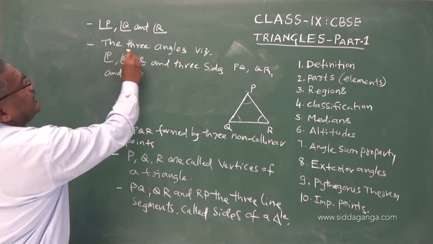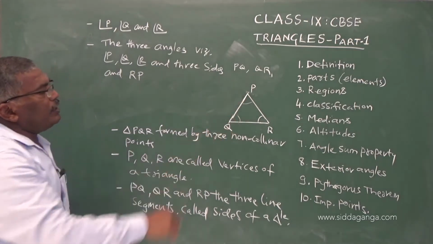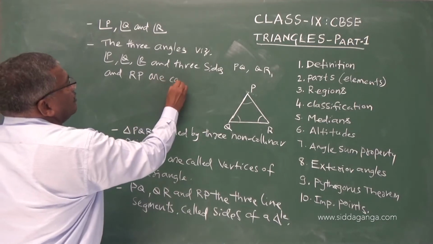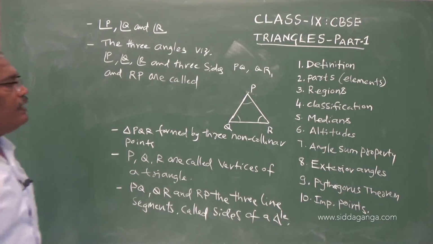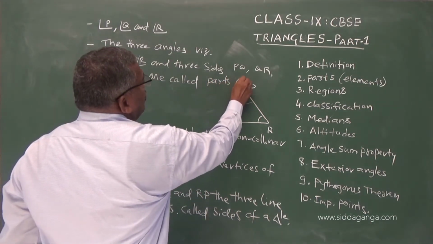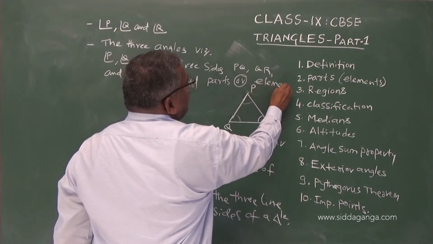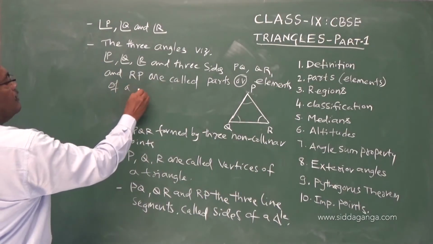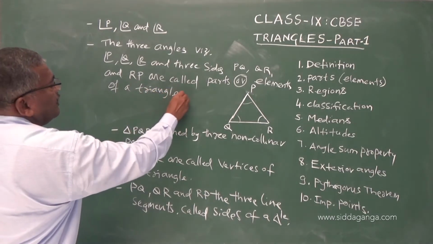The three angles and three sides are called parts, or elements, of a triangle.